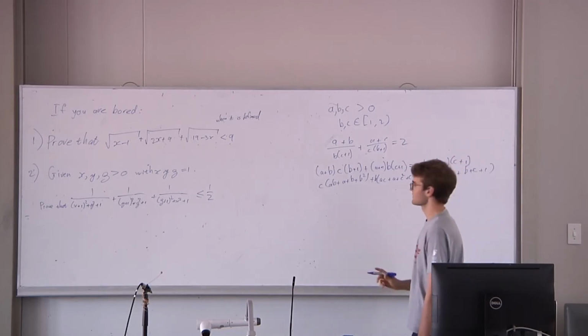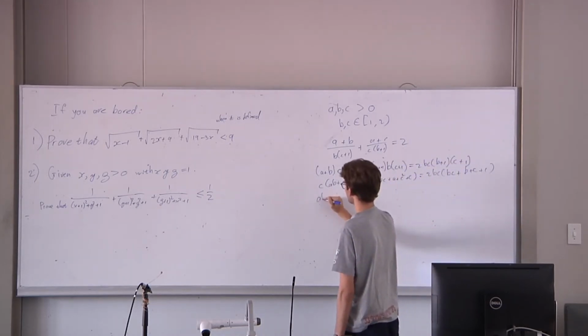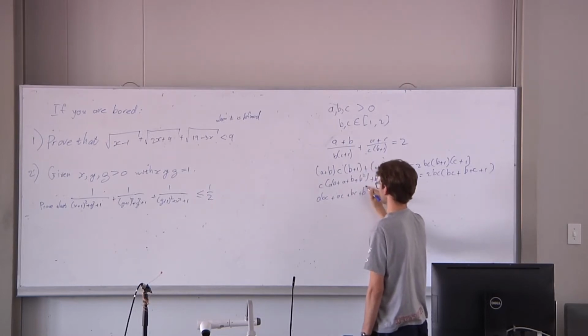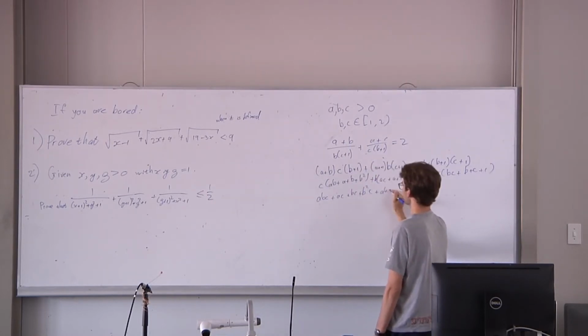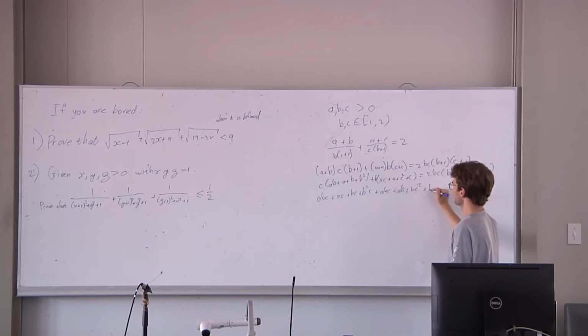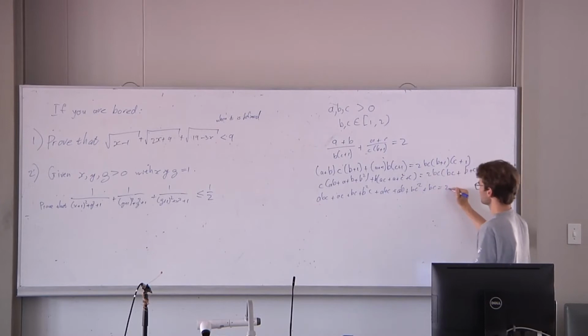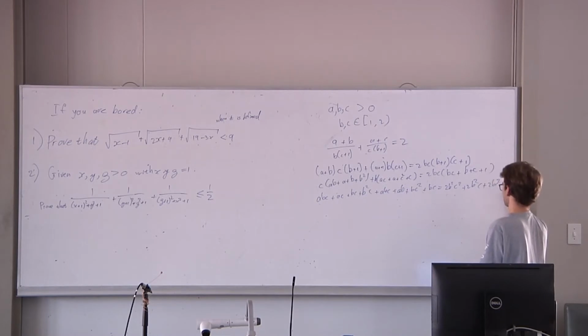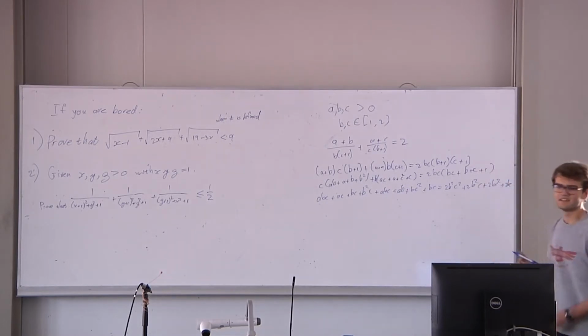And you expand this further, you get abc plus ac plus bc plus b squared c plus abc plus ab plus bc squared plus bc equals 2b squared c squared plus 2b squared c plus 2bc squared plus 2bc. So that's quite a mouthful.